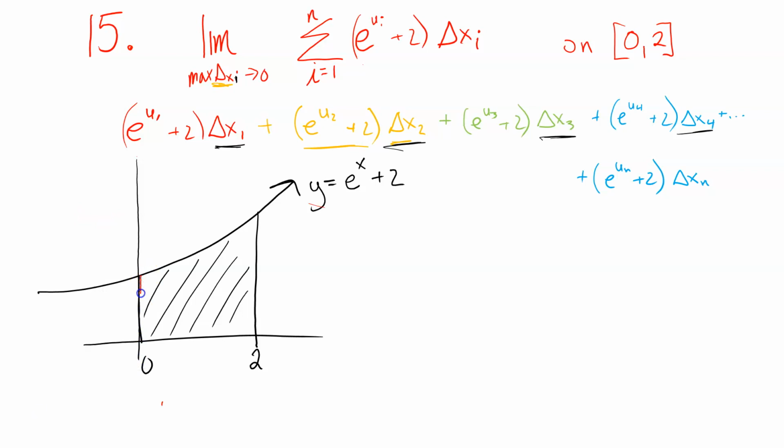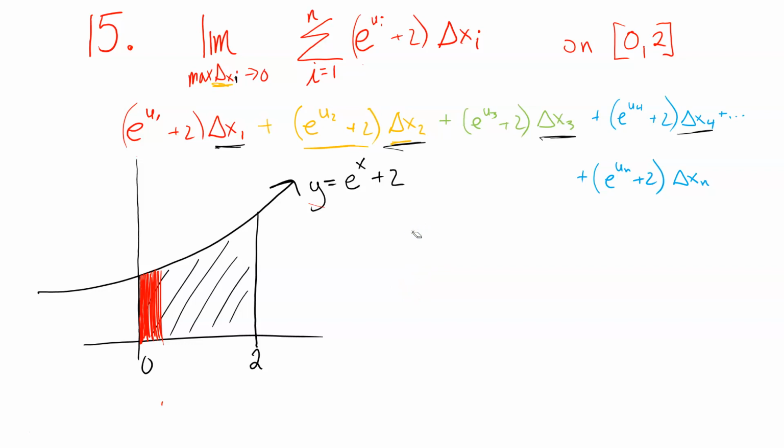The width of the first rectangle is basically 0, and the width of the second rectangle is basically 0, and the width of the third rectangle is basically 0. So we're going to need a whole bunch of very skinny rectangles. Turns out we'll need infinitely many rectangles. That's exactly the same as saying the limit as the number of rectangles goes to infinity. It's just a different form.